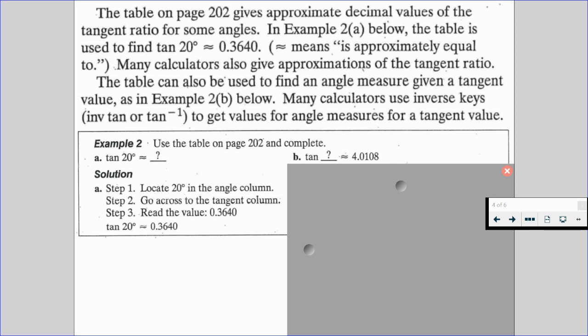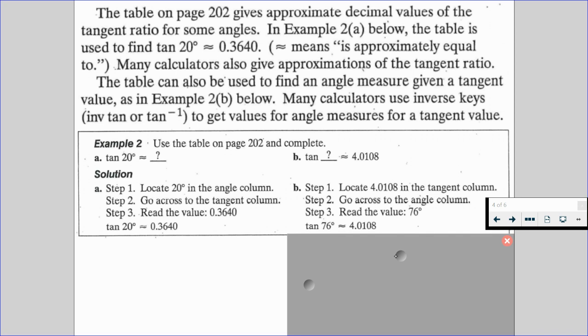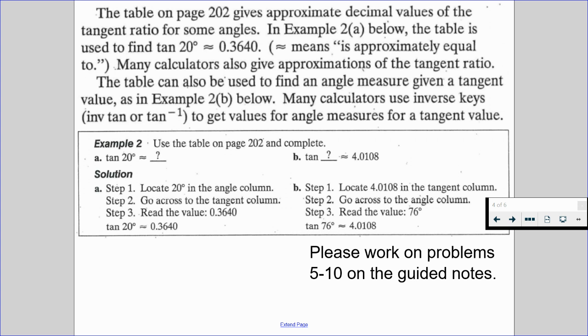Step 2, go across to the tangent column and read that the value given is 0.3640. For B, we're going to locate 4.0108 in the tangent column. Likewise, now go across to the angle column and identify that the value is going to be 76 degrees. So tan of 76 is approximately 4.0108.